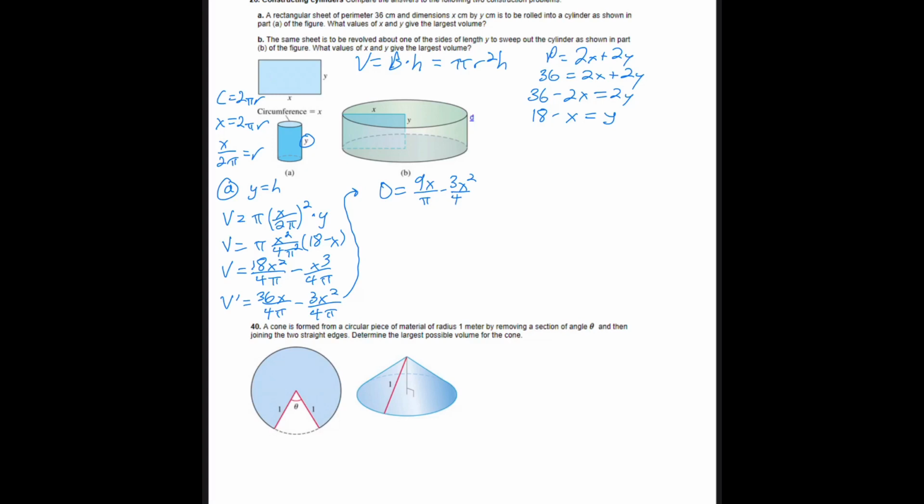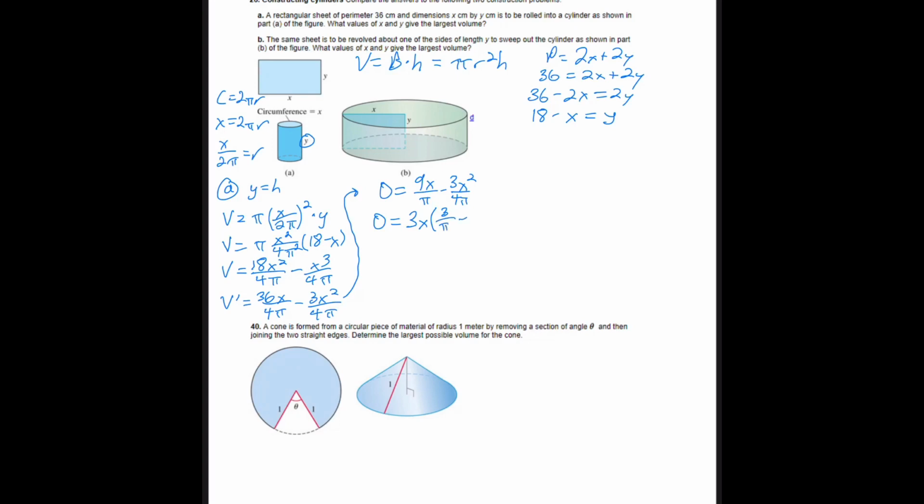And then we can simplify this a little bit and set it equal to 0. 36 divided by 4 is 9. So this would be 0 equals 9x over pi minus 3x squared over 4 pi. And then we can factor a little bit and solve. So we can factor out 3x.